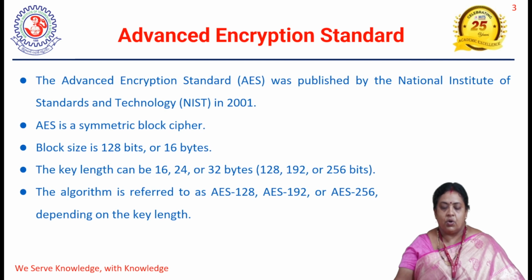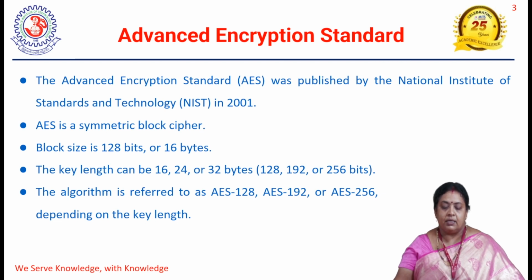It comes under the category of symmetric cryptographic algorithms, and it is a block cipher because we operate the encryption and decryption algorithm on a block of plain text. Here the plain text block size will be 128 bits, or we can call it 16 bytes. That is 16 into 8, that is 128 bits.